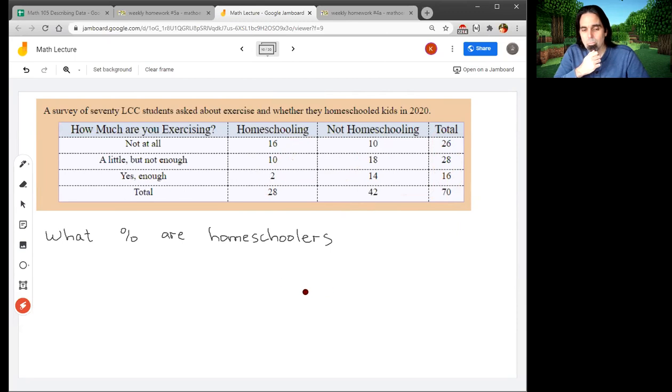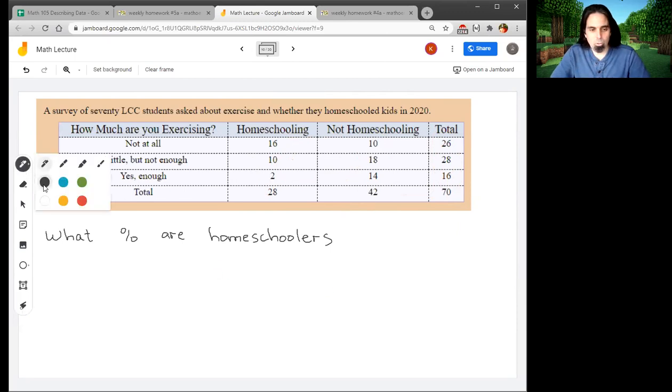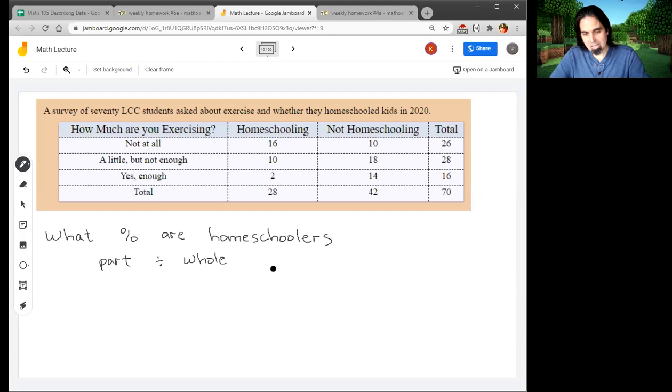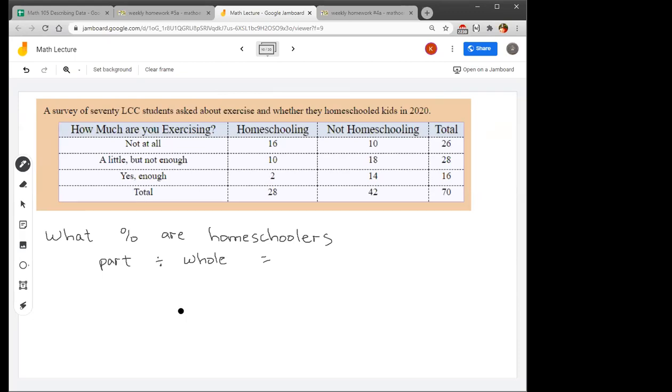So how would I know what percent are homeschoolers? I want to do part divided by whole. What's my part? What's my whole? If you're looking at homeschoolers, then the total is 28.